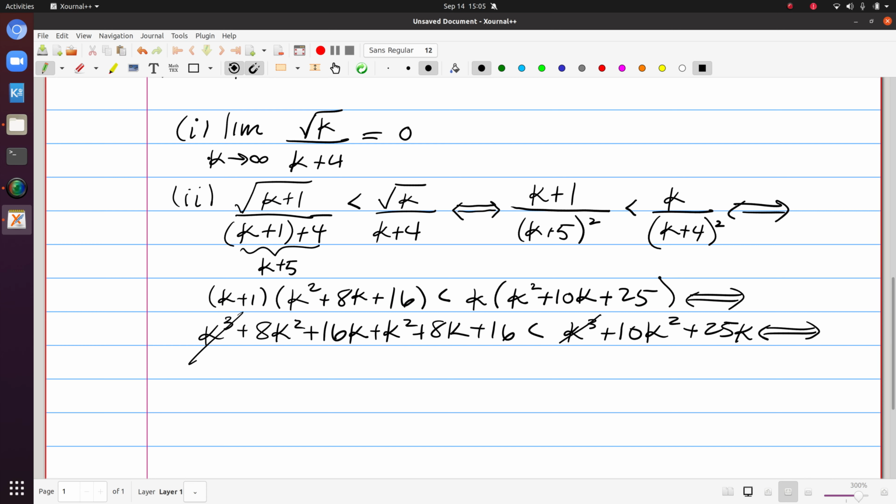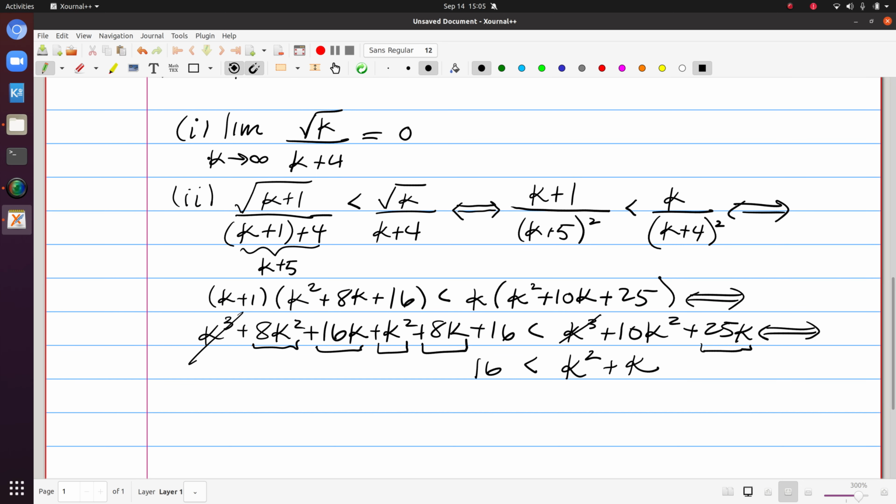Notice that I have an 8k squared and a k squared, giving me 9k squared on the left and 10k squared on the right. So if I subtract 9k squared from both sides, that leaves me with a single one over here. I have a 16k and 8k, which is 24k. Subtracting that from both sides, I have 25k minus 24k on the right, so k. And then finally, there is just the constant term on the left side.